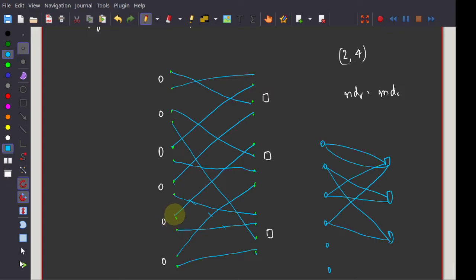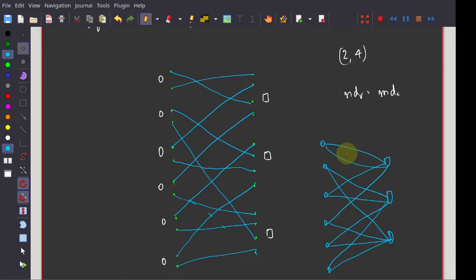The fifth one, there's one which goes to check node 2. Second goes to, the same happens for the rest. So this is one particular realization of a regular dv-dc regular LDPC code which is sampled from the configuration model.